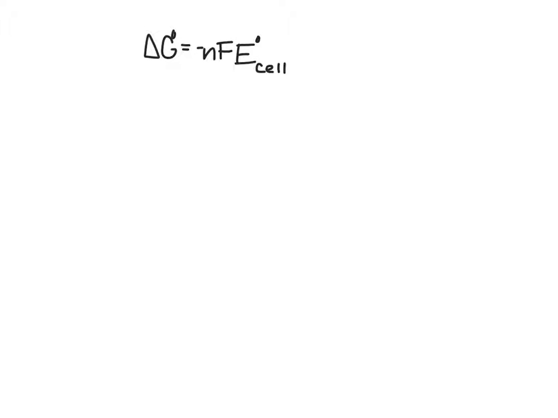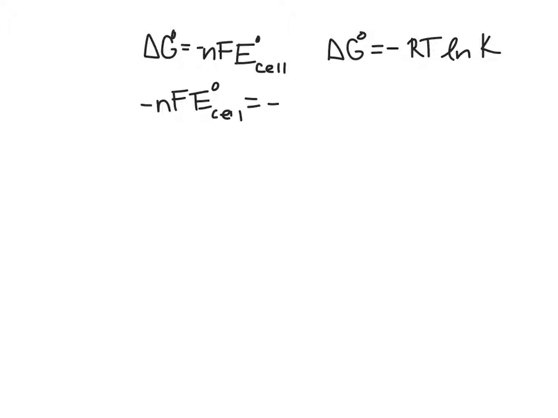We also need to remember how the Gibbs free energy relates to equilibrium. In that equation, the standard Gibbs free energy is equal to negative gas constant times the temperature in Kelvin, times the natural log of the equilibrium constant. If we use a little substitution, we can see that our expression for electrical work, the moles of electrons times the Faraday constant times the cell potential, is equal to the expression that we used with the equilibrium constant.